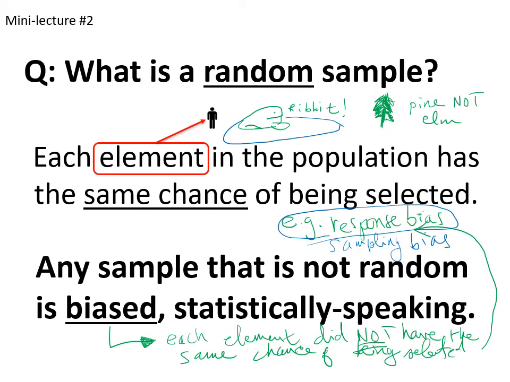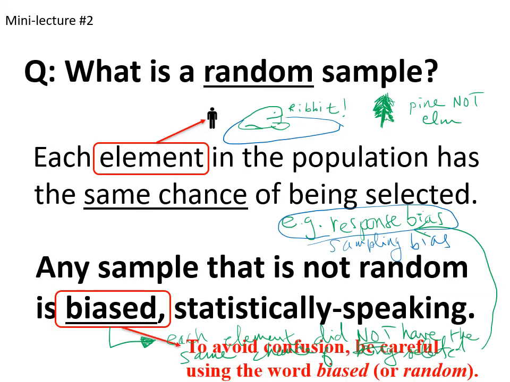I think that's everything for this slide. Oh, yeah. This point down here is to avoid confusion: be careful using the word biased or random. I want you to write this down. In your proposals, you are probably going to be tempted to use the word biased or random. So remember, only use the word random if you really mean that each element in the population has the same chance of being selected.